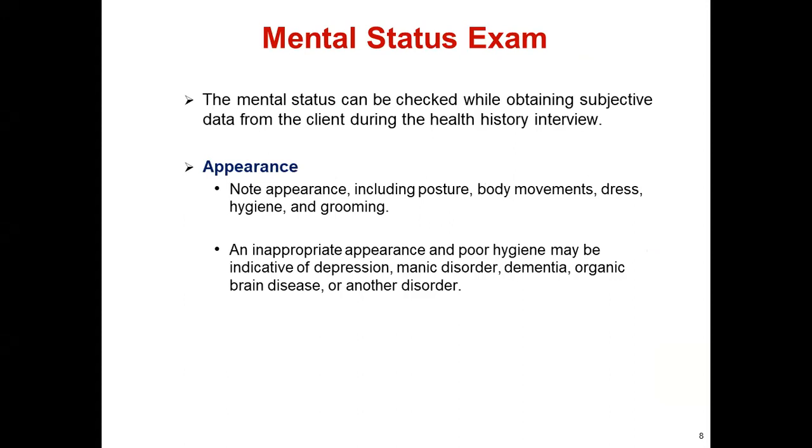Now, mental status examination. The mental status can be checked while obtaining the data from the client during the health history interview. Here we are talking about obtaining the subjective data, because patients are complaining, patients are explaining their medical condition, and you are the listener.